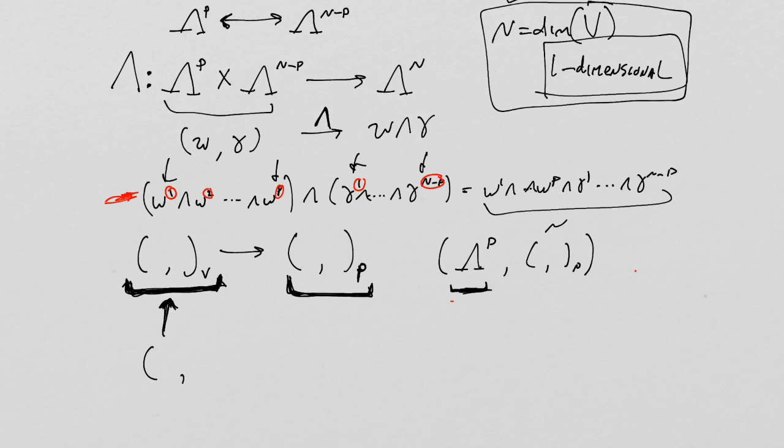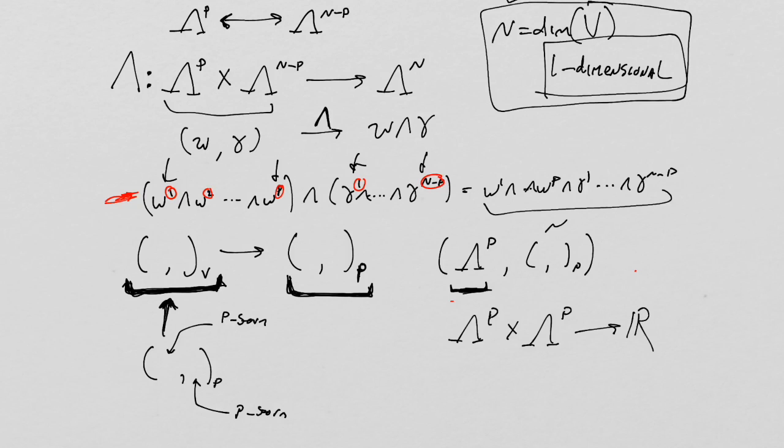It means that this thing here is looking for a P form and a P form, right? An inner product is going to be a map, a self-pairing, to the real numbers, right?